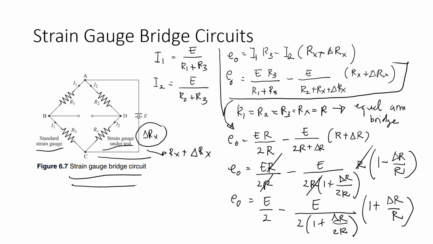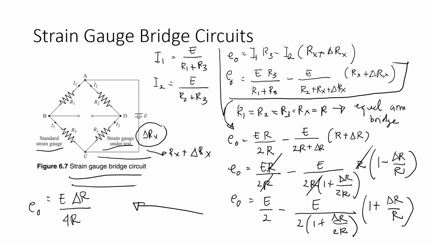Okay, then by using the mathematical steps, and you can see the complete equations in the textbook, we can get that the final E0 is equal to E delta R per 4R. So this is the approximate equation for the imbalance output voltage.